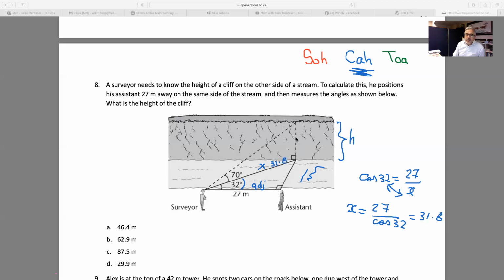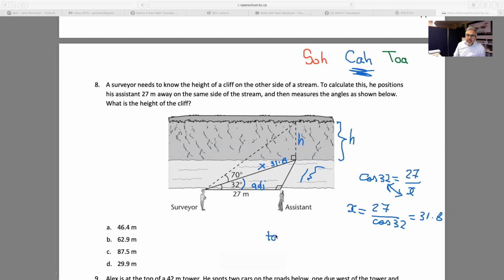Now, we know this is 31.8 meters. We want to find the height. So now we work with this triangle right here. So I'm looking for the height, which is right here. Now, if I look at the 70 degrees, opposite to the 70 is the height, and adjacent is the 31.8. So now we go back to tan again.